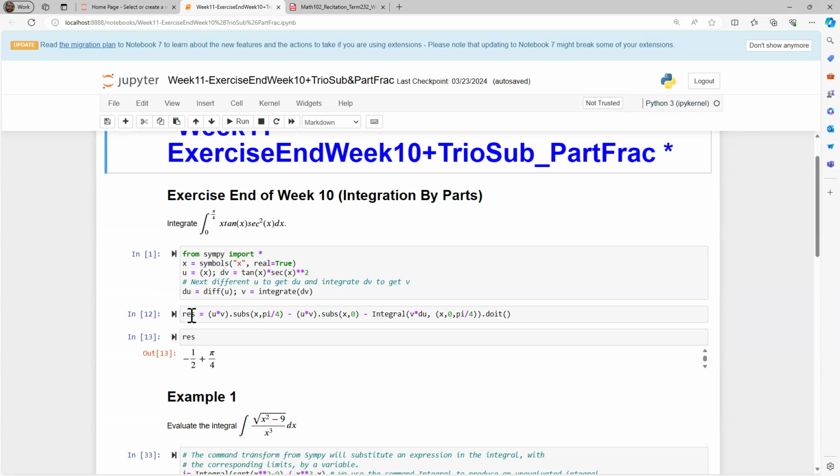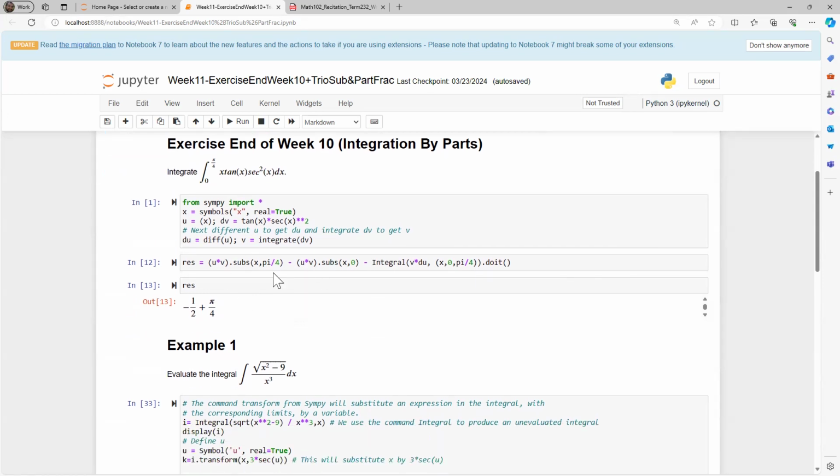We just got res as the result of the integration by parts formula: uv evaluated at pi over 4 minus at 0 minus the integral of v du from 0 to pi over 4, and you get minus half plus pi over 4. We could explain a little bit more why we got this, but maybe it's not worth it here. The main goal is reached, which was to show how to perform integration by parts if needed using Python.